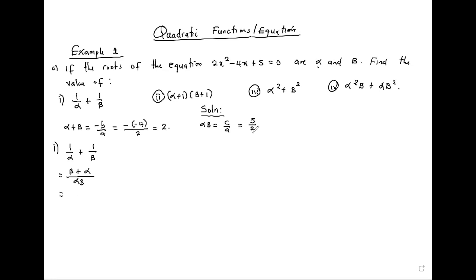Implying that we have alpha plus beta there. The sum over the product, but the sum is known here, which is 2, and the product is 5 over 2, giving us 4 over 5.